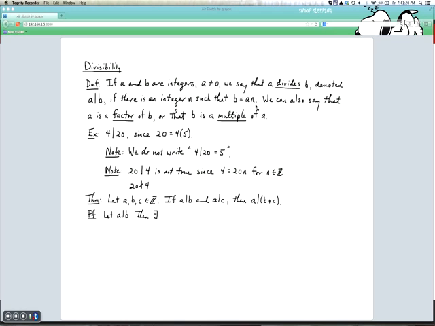So then there exists, and I'll use M for my integer, such that B is A times M.